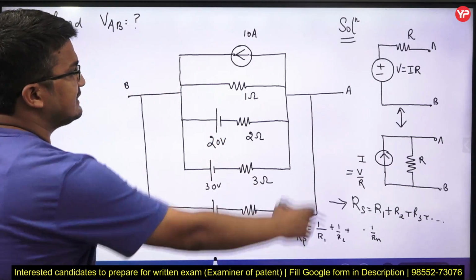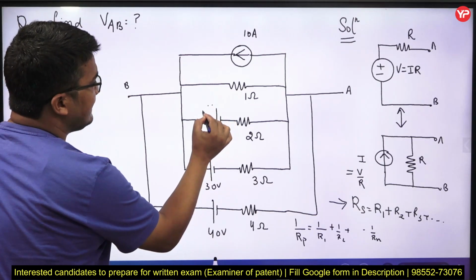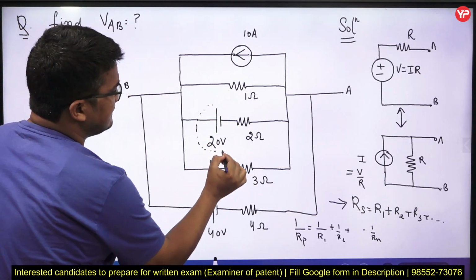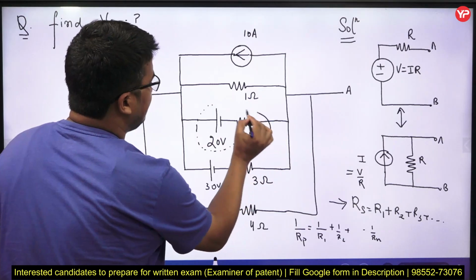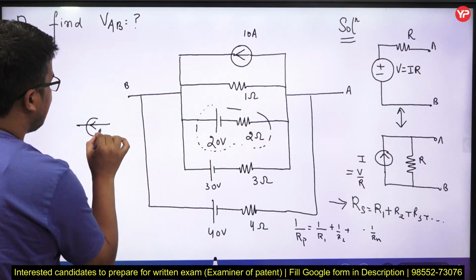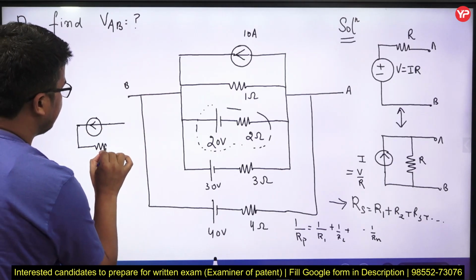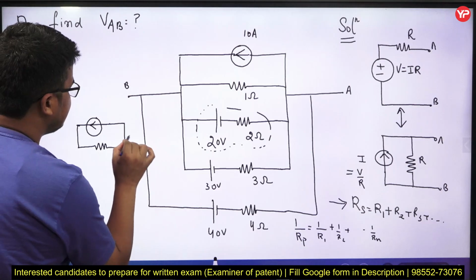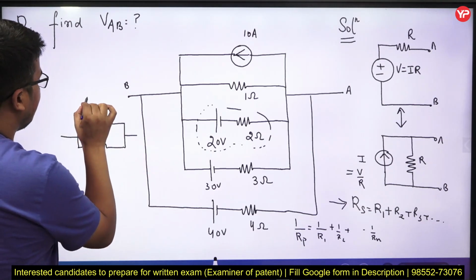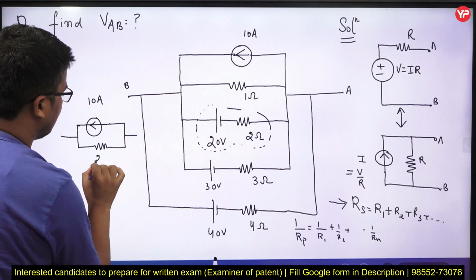As per this transformation, I can transform this branch and replace it with a current source like this one, and that current value will be simply 20 upon 2, which gives me 10 ampere, with the resistance as it is, 2 ohm.